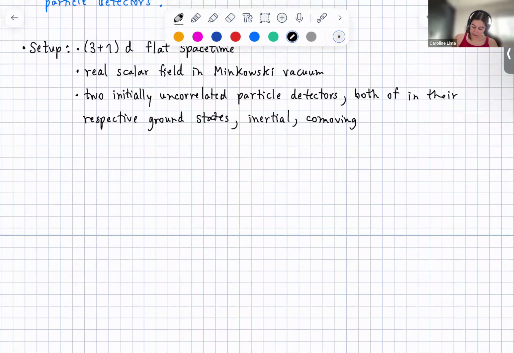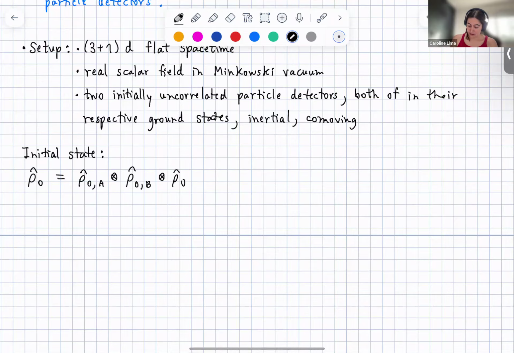So what is my initial state in this case? My initial state, rho, is going to be the initial state for detector A. A here is going to be the first detector, B the other detector, okay? So the initial state for detector A, initial state for detector B, and then some initial state for the field, which is going to be the Minkowski vacuum, right?